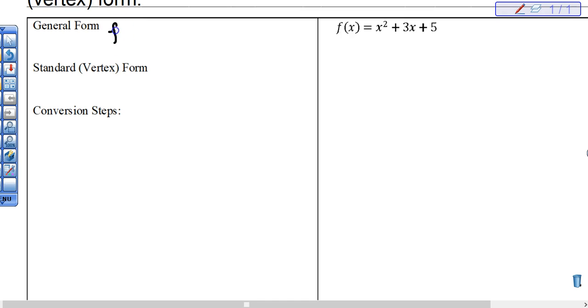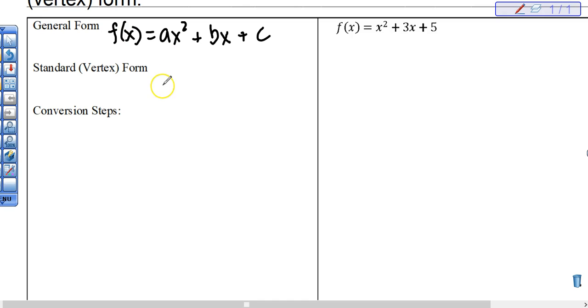General form is this: f of x is equal to ax squared plus bx plus c, which is familiar, I'm sure, to all of you.